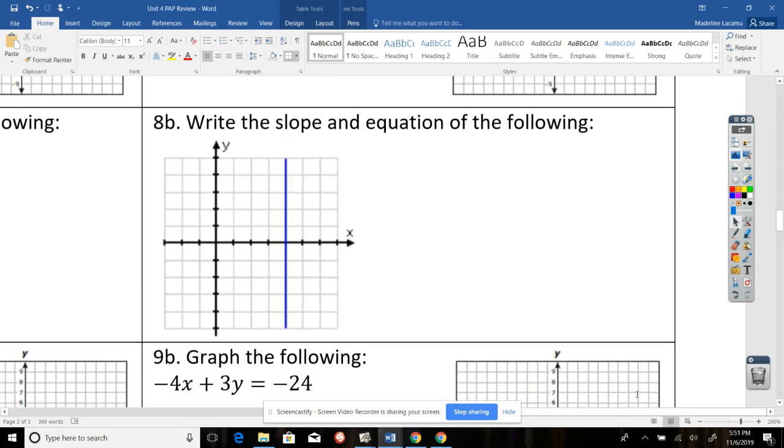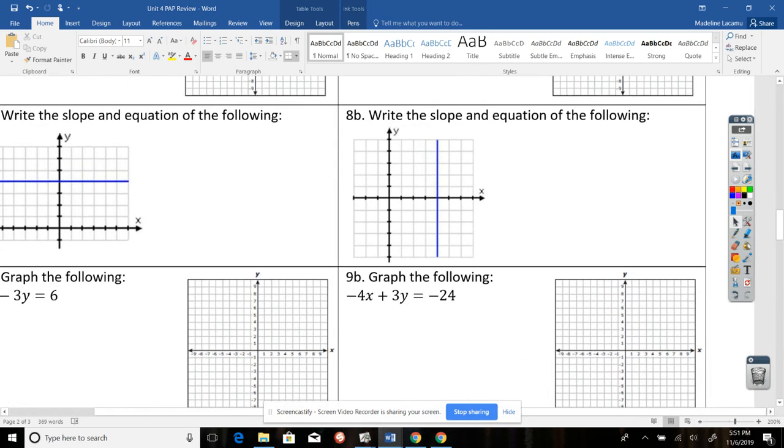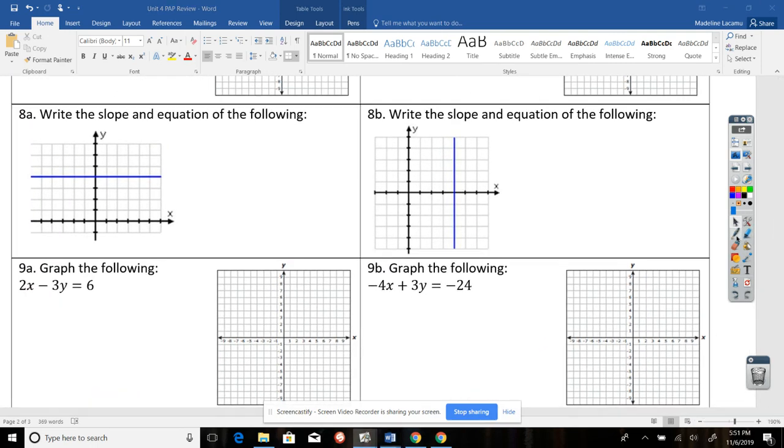All right, so 8b and 8a we did in class, but I'll just do these very quickly as a refresher. So remember, if you have a horizontal line, your slope is 0. Anytime you have a 0 slope, it's going to be y equals whatever your intercept is. So our y-intercept is 4, so y equals 4.